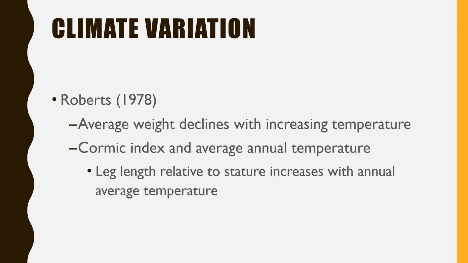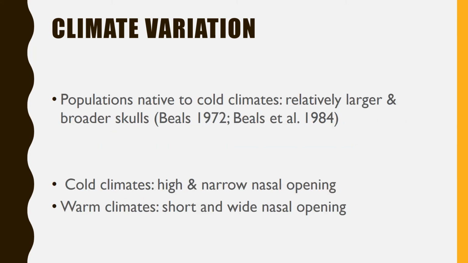So in other words, a low Cormic index reflects shorter legs, so that the lower limbs are shorter in colder climates and longer in hot climates. So leg length relative to stature increases with annual average temperature.